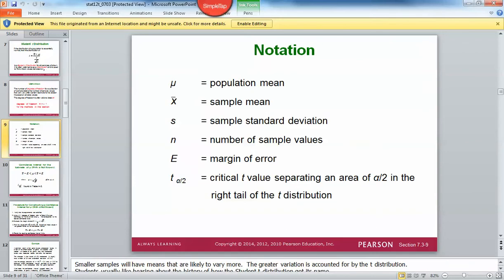Of course, we know mu is the population mean, x bar is the sample mean, lowercase s is the sample standard deviation, n is the number of data items, capital E is the margin of error, and margin of error is found in a different way because it's a different type of distribution and a different parameter that we're looking at. We're looking at the mean. And t sub alpha over 2 is the critical t value separating the area of alpha over 2 in the right tail of the t distribution.